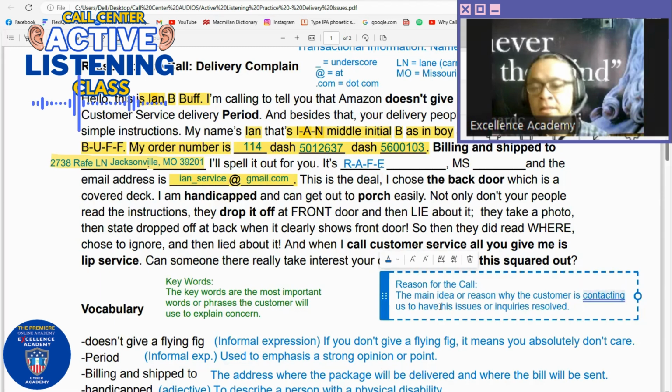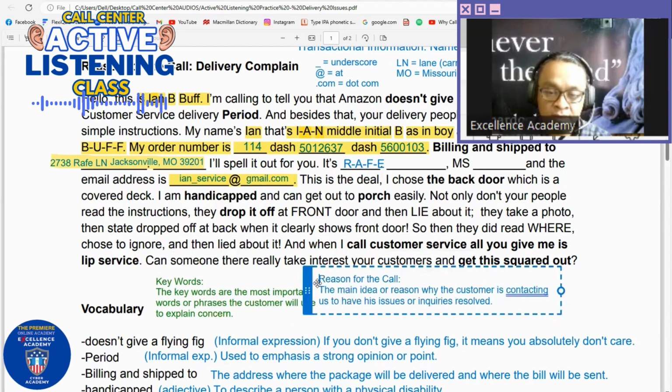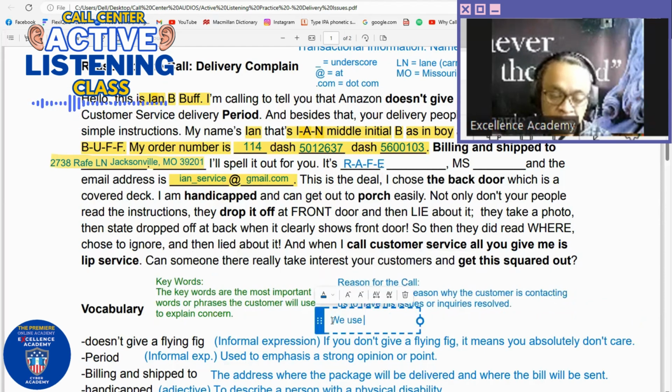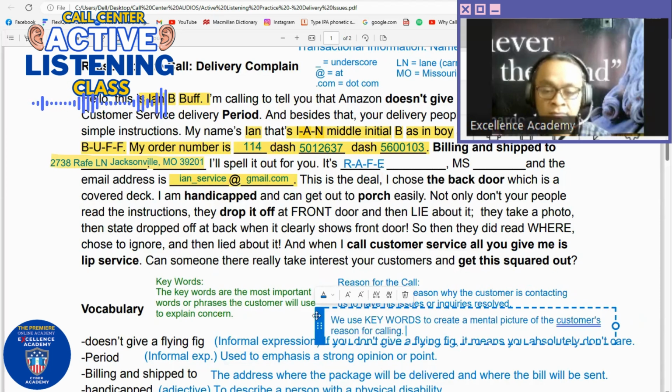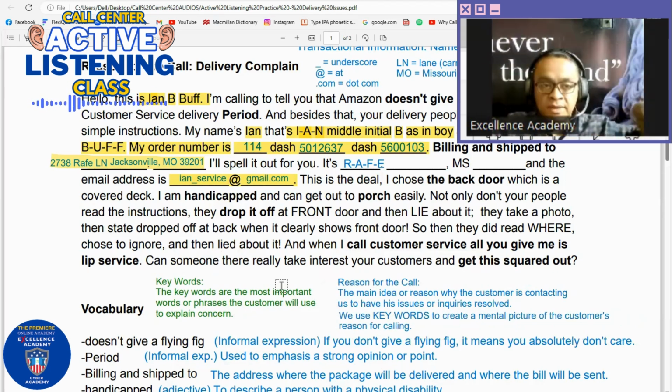Okay, so in addition here, this is important, right? So I'm going to put it here. We use keywords, right, to create a mental image or picture of the customer's reason for calling. Okay, so the keywords are going to help us create a mental image of why the customer is contacting us.